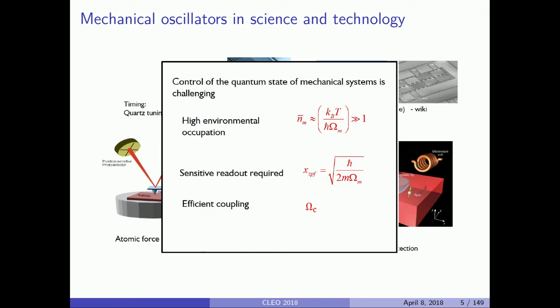So these are very small displacements. You also like to have a very efficient readout. These aspects can be accomplished with cavity optomechanics because, on the one hand, you can make very sensitive interferometric position measurements at the level of the zero-point motion and even below. You can also achieve very efficient coupling to the light field, even strong coupling. And you can take these high thermal mechanical occupancies and cool mechanical oscillators to the quantum ground state.